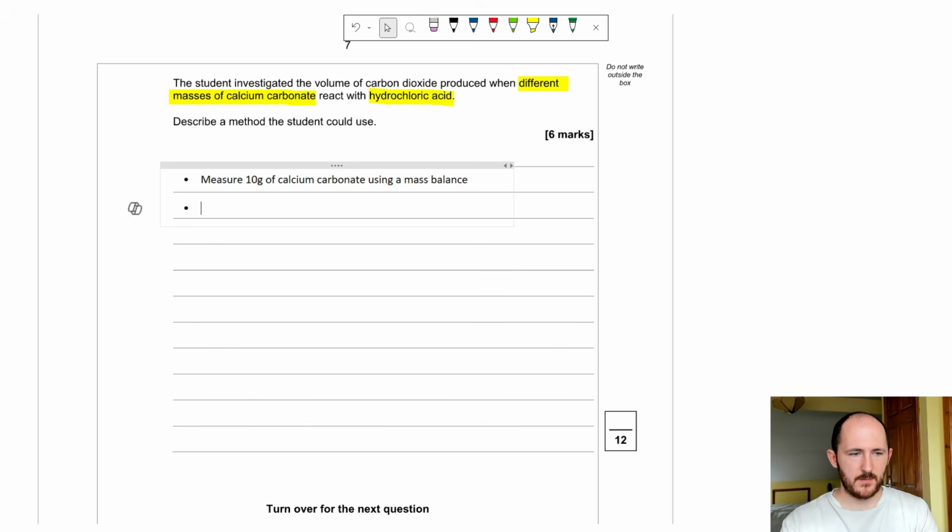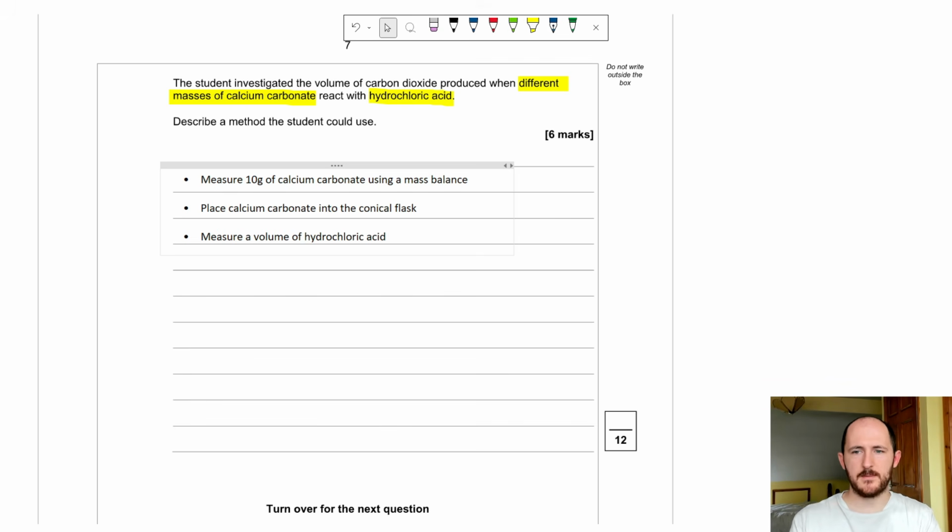I'm going to go down a little bit more. What do we do next? Then what we're going to do is place calcium carbonate, let's be specific, into the conical flask. We're going to measure a volume of hydrochloric acid.